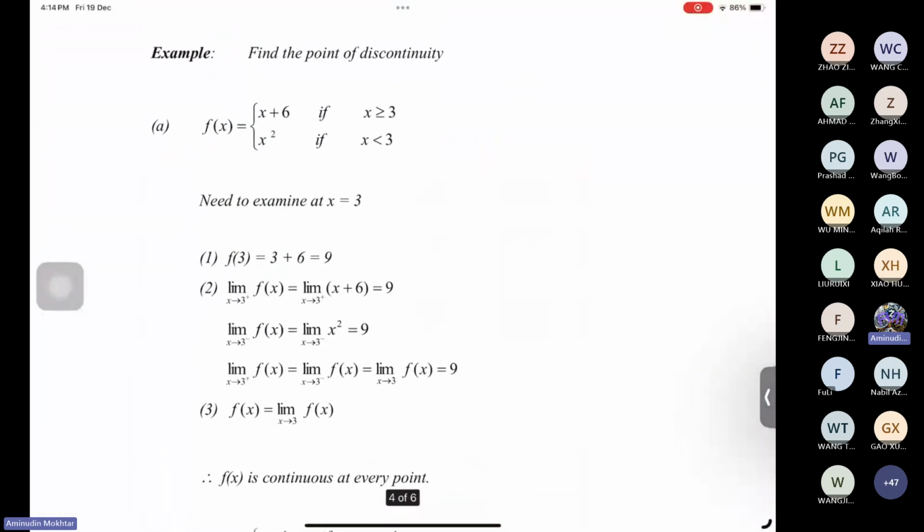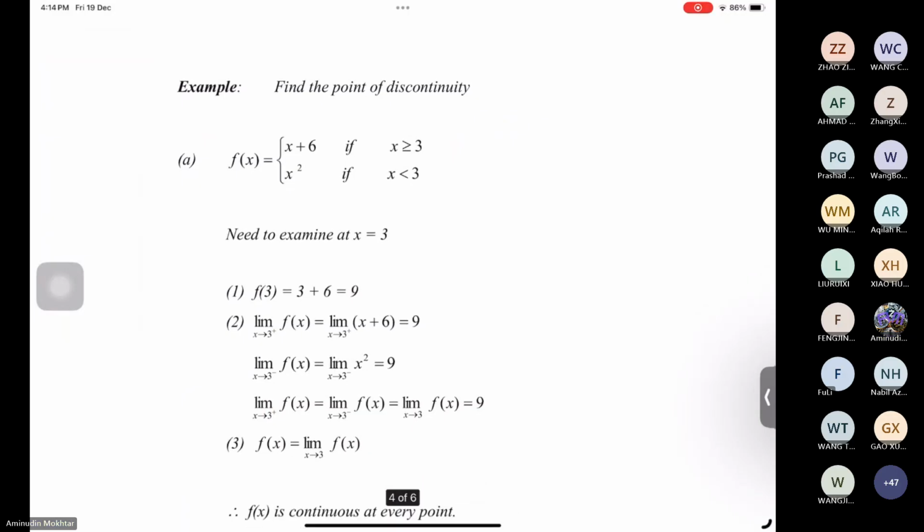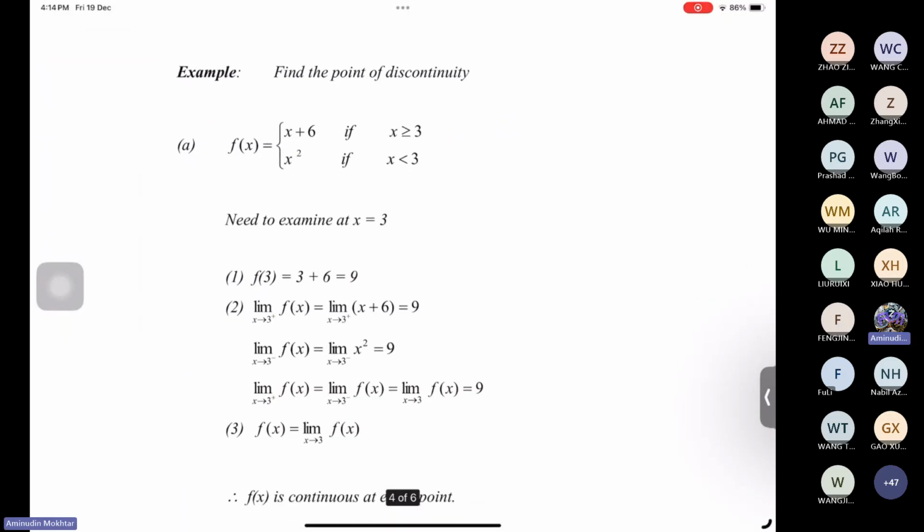Let's say I have this function. Find the point of discontinuity. This question asks you to find the value of x where the function is discontinuous.